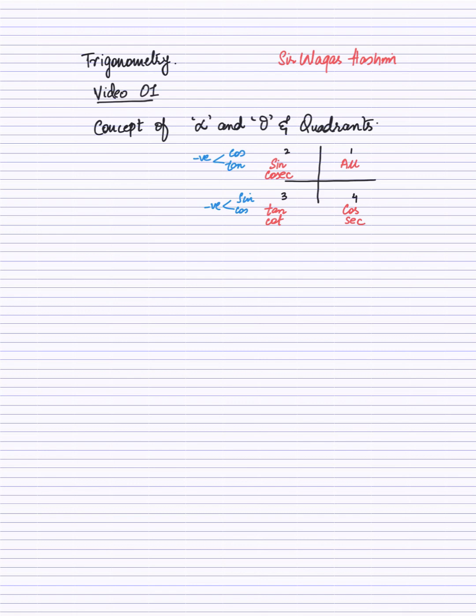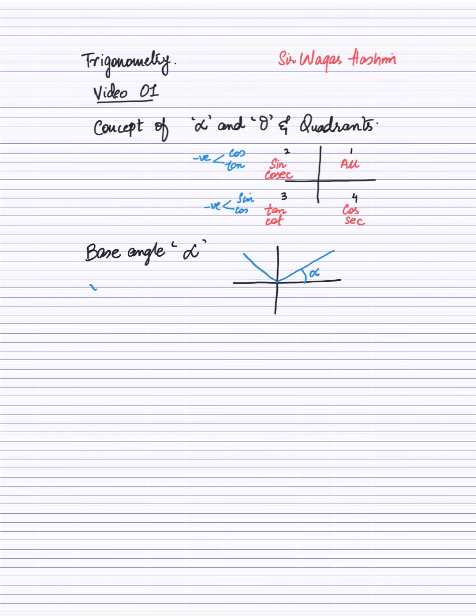After that we are going to talk about the base angle, and it is denoted by alpha. Now if I draw the quadrants, the base angle always starts from the horizontal axis, right? Let's suppose in my first quadrant, that is my base angle alpha.